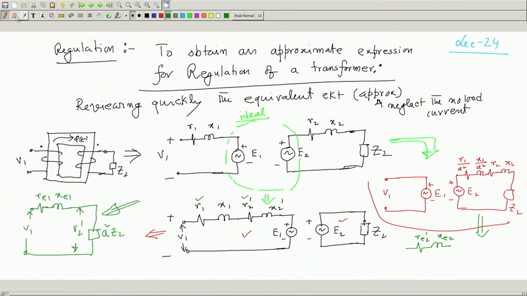R E 2 if I am writing no dashed, it means R 2 plus R 1 by a square, X E 2 is x 2 plus x 1 by a square, and then you say that okay, this is the thing, and here you say Z 2, but here you write E 1 by E 2 is N 1 by N 2, that is strictly. So, it is V 1 dashed.